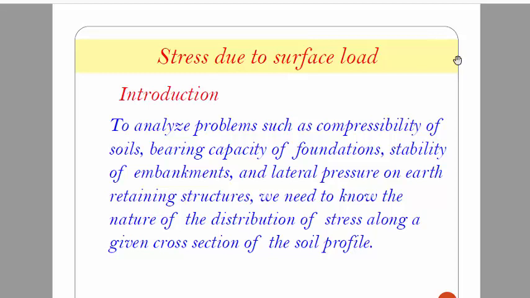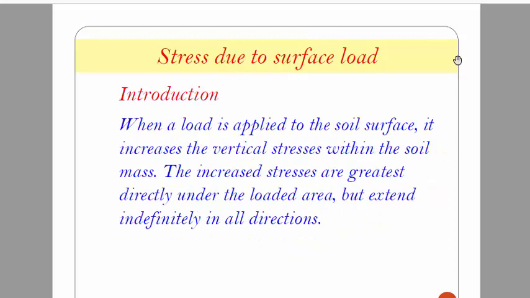Then the lateral pressure on the earth retaining structure, meaning the pressure behind the wall. We need to know the nature of the distributed stresses, basically how the stresses are distributed across the section of a soil profile, which we will discuss in detail.